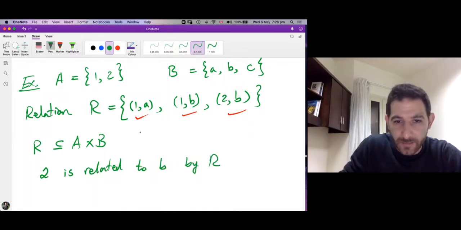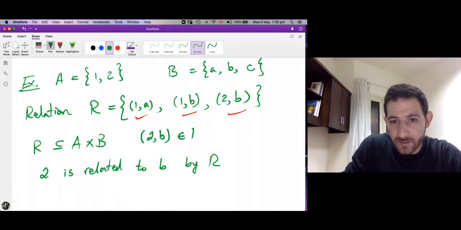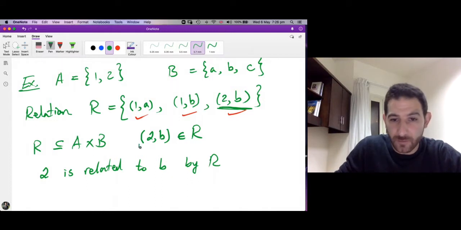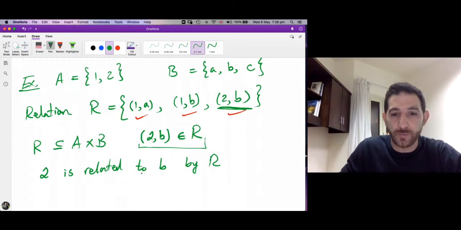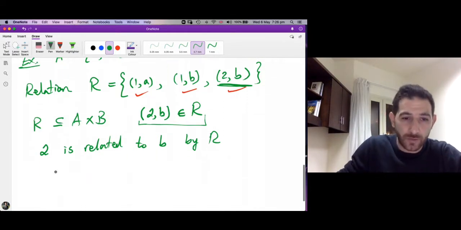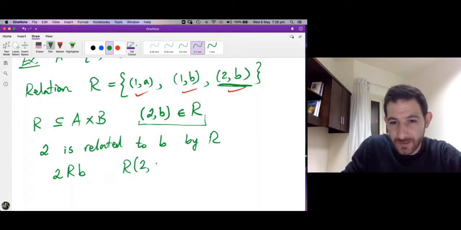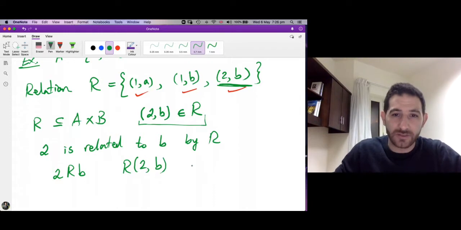Because notice that the pair 2B is an element of R. Okay, see, this is an element in R. It's one element, and either you say the pair 2B belongs to R, or you say 2 is related to B by R, or you write 2RB, or you write R to B, okay, or you use the arrow diagram.